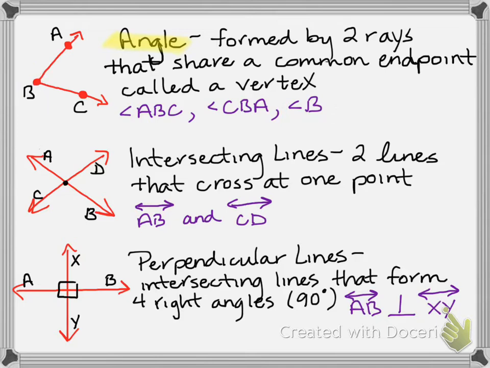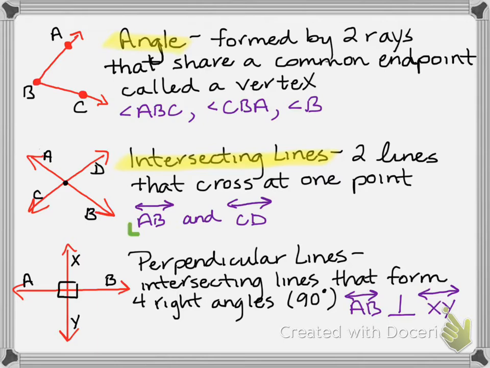All right, the next one we have is intersecting lines. Intersecting lines are 2 lines and they cross at 1 point. So in our example, we have the 1 point in the middle, and then they cross and they keep going in all directions, right? So how would you write this? You would literally write both of the lines separately.